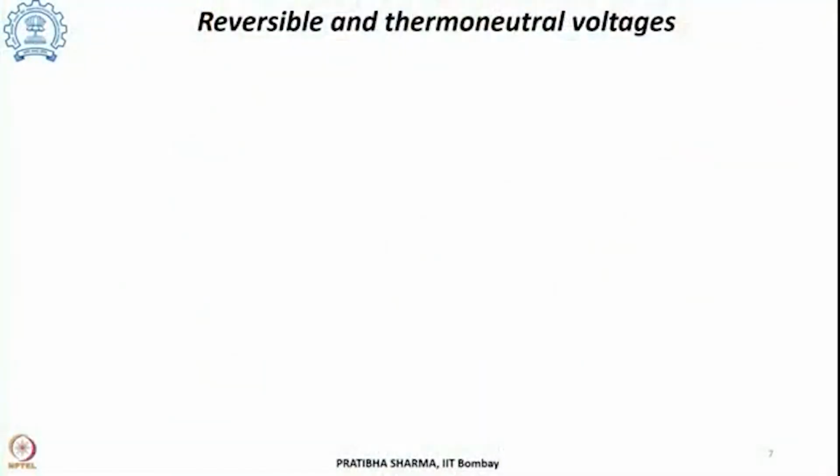Now, we have seen that delta G and T delta S are required energies. At the same time, delta G is the electrical energy requirement and delta H is the total energy required for water splitting.